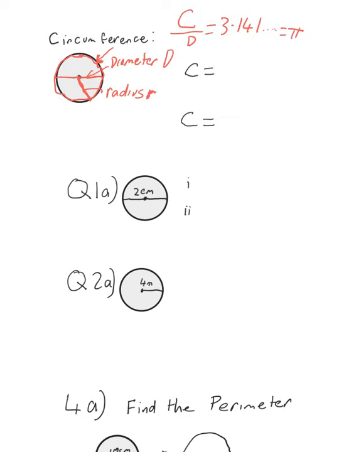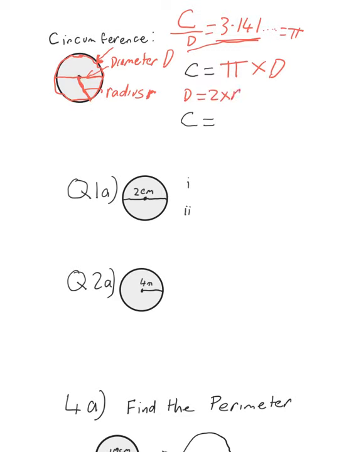It's easier to measure a diameter or a radius because they are straight lines. So we can turn this formula around: if we know the diameter, the circumference equals pi times the diameter. We also know the diameter is 2 times the radius.